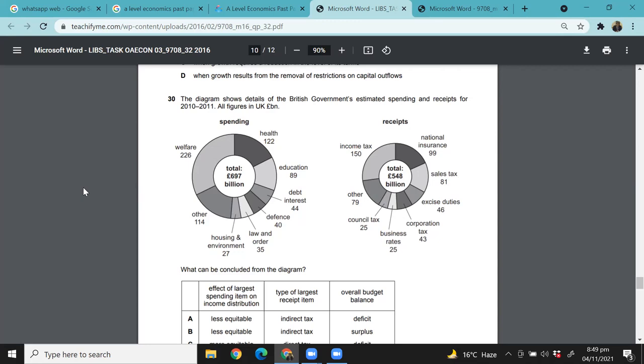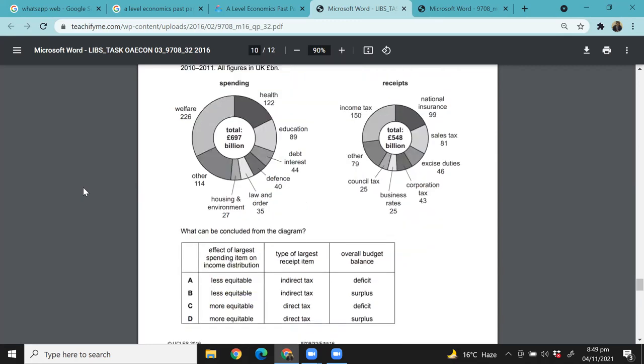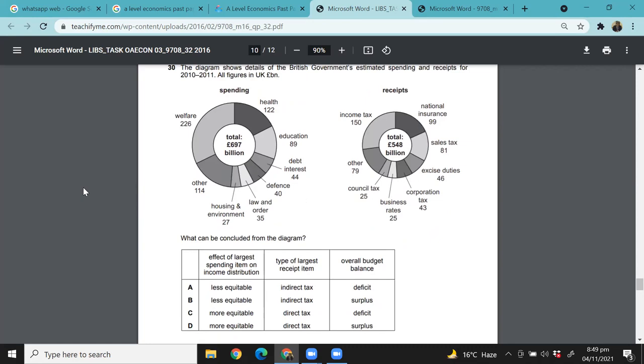Right. So, overall budget balance, is that a deficit or a surplus? Overall budget balance, is that a deficit or a surplus?